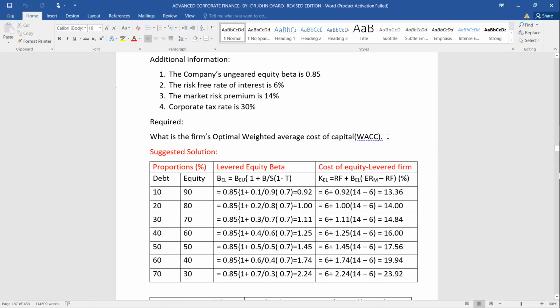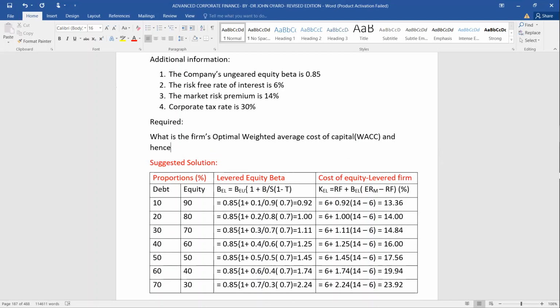And hence, determine the firm's optimal capital structure proportions.